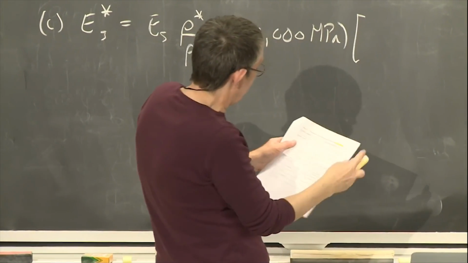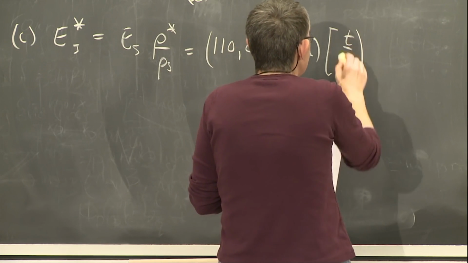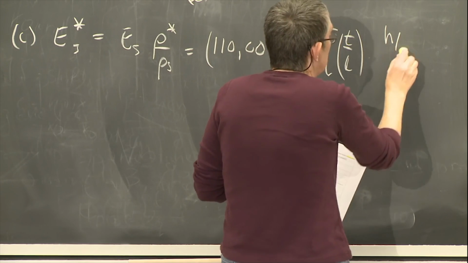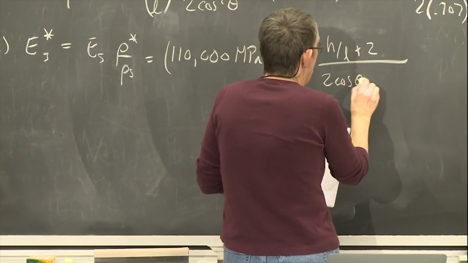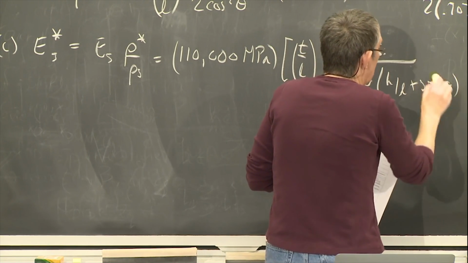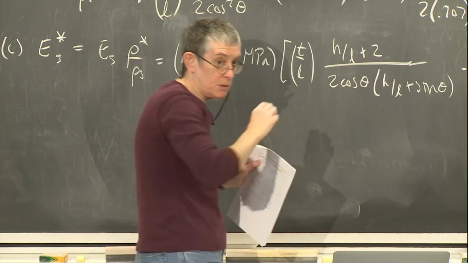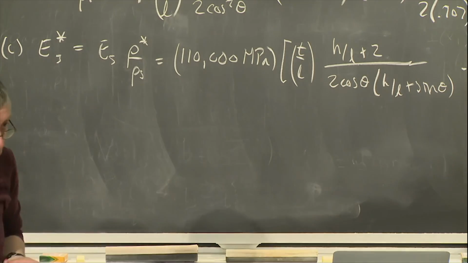And the very first equation on this is the relative density: T over L times (H over L plus 2) divided by 2 cos theta (H over L plus sine theta). I'm not going to substitute everything in. So that was it. It was very plug and chug.